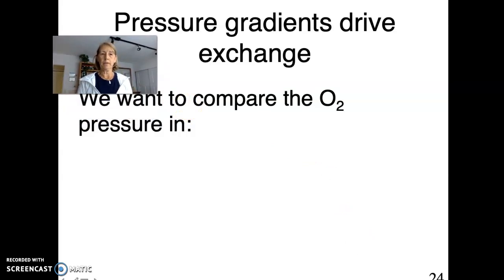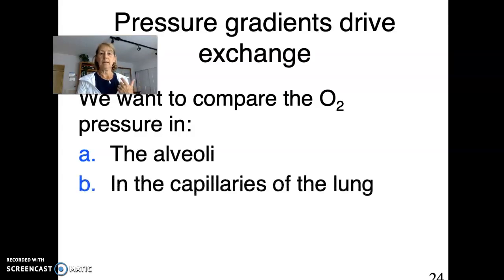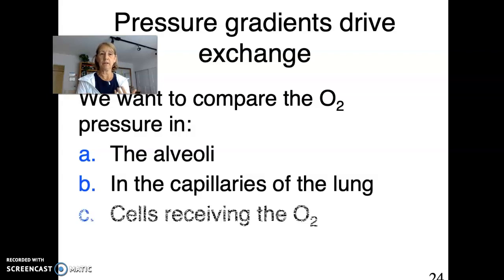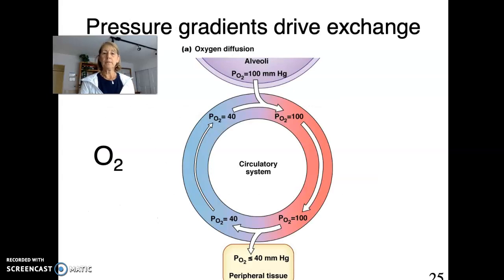So we want to compare the oxygen pressure in the alveoli, in the capillaries that are just surrounding those alveoli and receiving that oxygen, and then the actual cells, which are the true destination, where you need this oxygen to be. So these drawings are really helpful because they show part 1, the alveoli in purple. Part 2, this is circulation with its arterial and venous blood. And part 3 here are the cells.